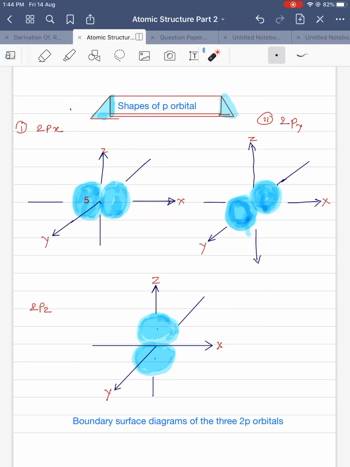The boundary surface of p orbital consists of 2 lobes projecting from the nucleus. The 3 p orbitals of a given shell are designated as px, py, and pz, according to the alignment of their lobes along one of the 3 mutually perpendicular axes.